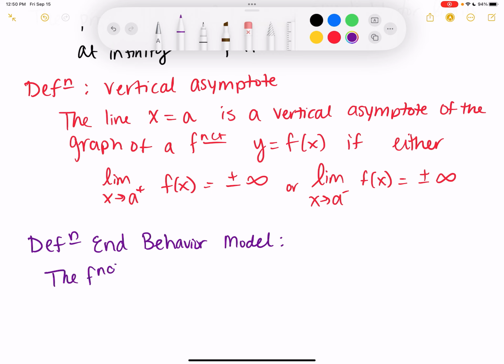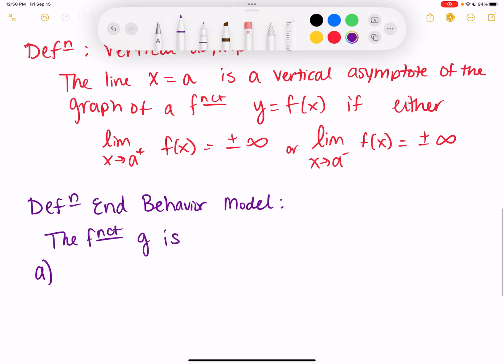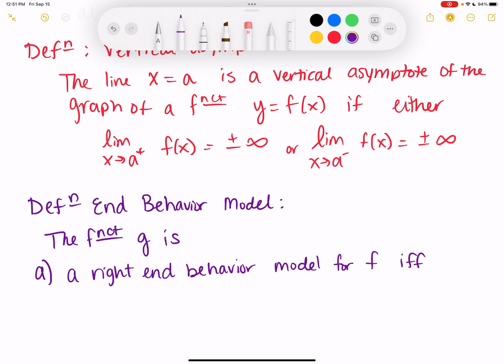The function g is, so the first one is going to be a right end behavior model for f if and only if the limit as x approaches infinity of f of x over g of x is equal to 1.